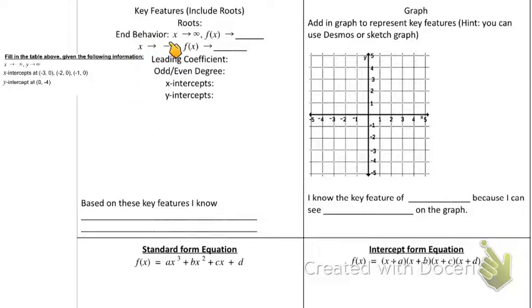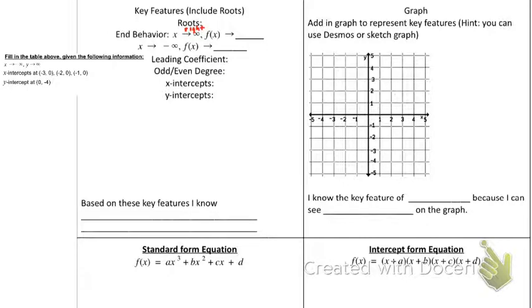We want end behavior, so we want on the right side, because it's x positive infinity, so that means this is our right side. So let me just make a note of that. We want what is happening on our right side. So is it going up or down? And the thing that tells us what's happening on the right side is our leading coefficient.